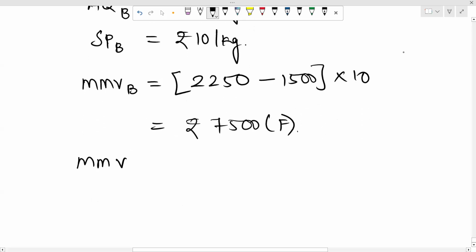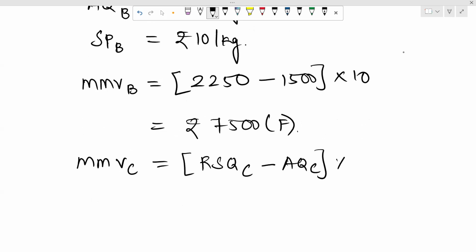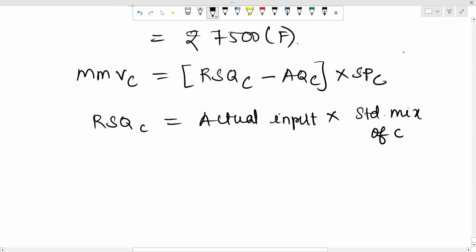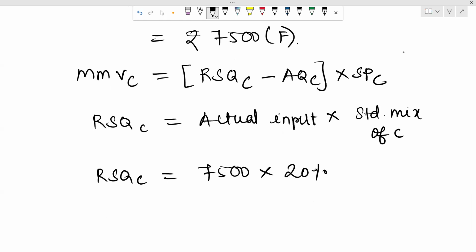Then material mix variance of raw material C is equal to revised standard quantity of C minus actual quantity of raw material C into standard price of raw material C. First, let's calculate the revised standard quantity of raw material C. Same formula, actual input into standard mix of raw material C. So RSQ of raw material C will be equal to 7,500 kg, the actual input, into standard mix, 20%.